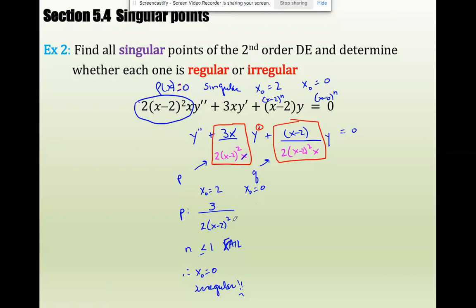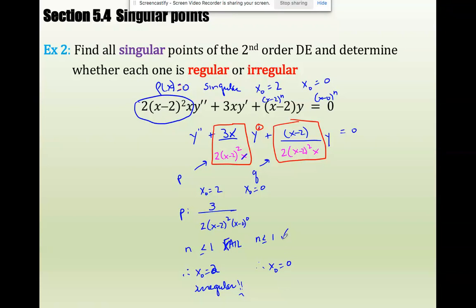Right? There really is an x minus 0 down here with a power of 0, right? Is n less than or equal to 1? Check. Whoops, I wrote 0 and I meant 2 here. Therefore, x sub 0 is equal to 0. You can't make that conclusion right now, can you?